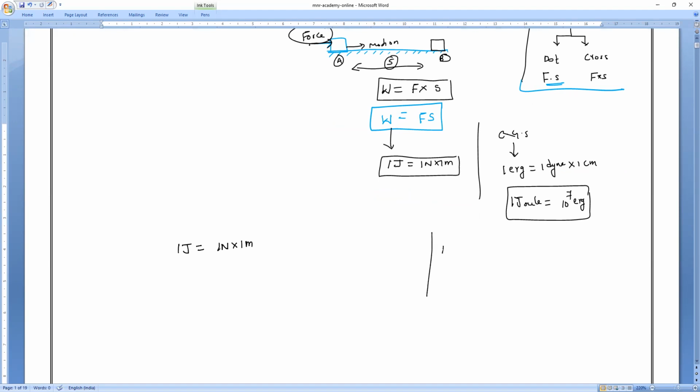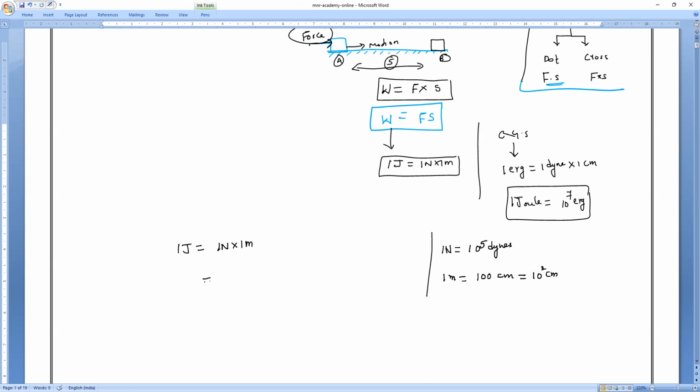Now, note it, everybody. 1 newton is equal to 10 power 5 dynes. In the same way, 1 meter is equal to how many centimeters? 100, which is 10 power 2 centimeters. So 1 newton is 10 power 5 dyne, and 1 meter is 10 power 2 centimeter.